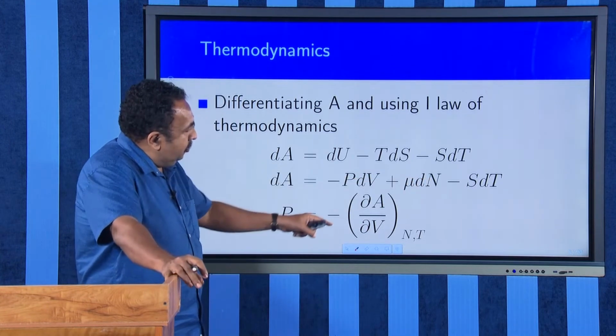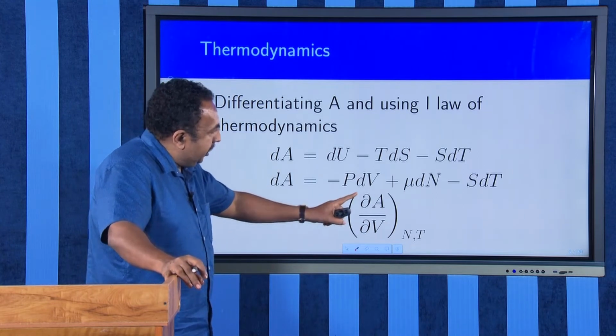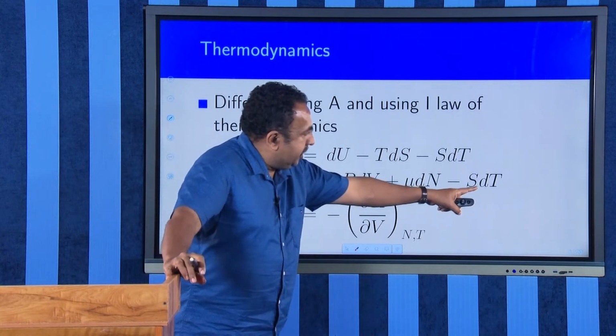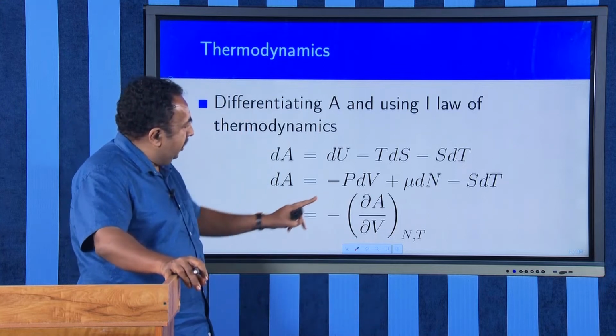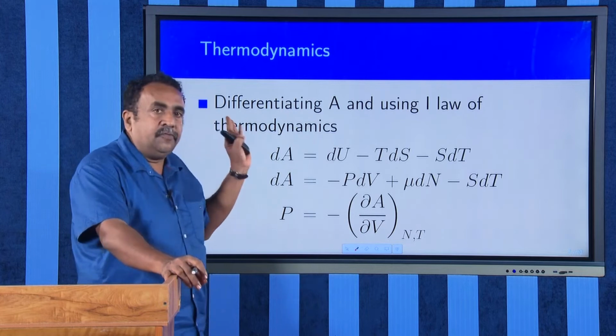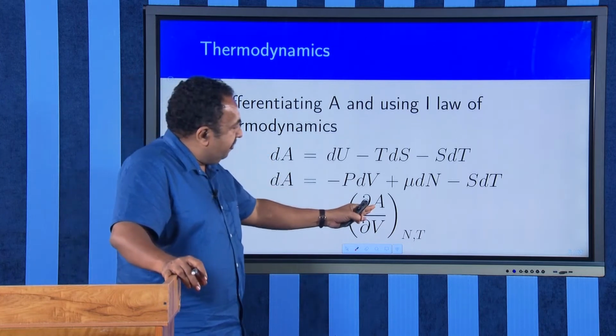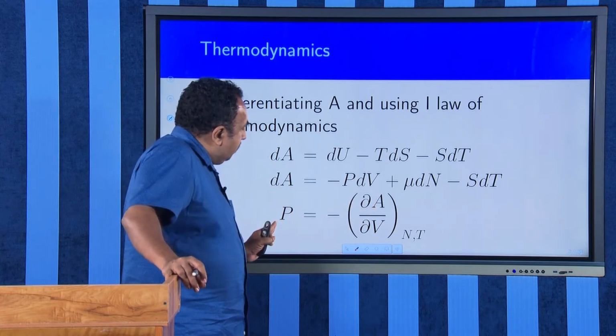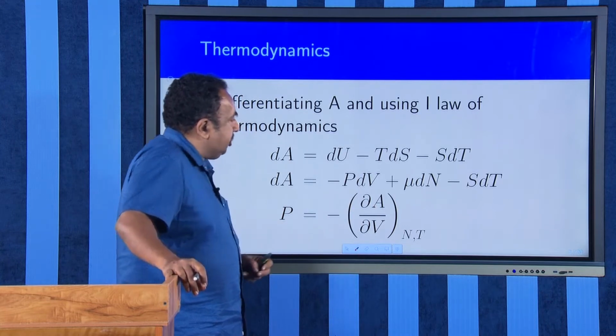Now, using the partial derivative technique, you can keep your number and the temperature constant. Therefore, P will be equal to minus dou A by dou V, provided A is known. A is known from minus kT log Q. Therefore, if A is substituted here, you can obtain the pressure.